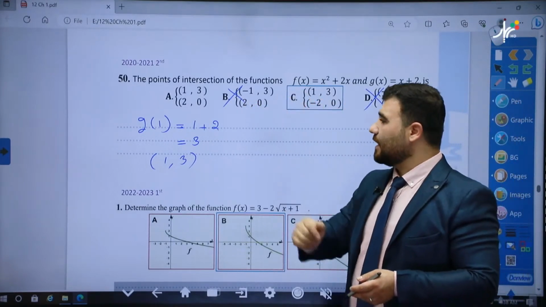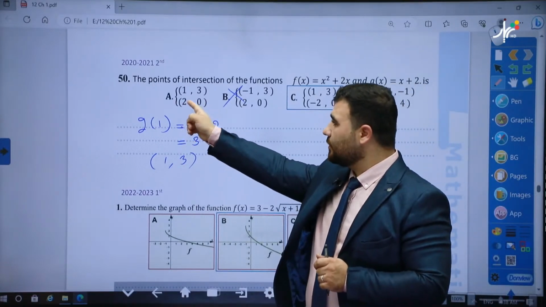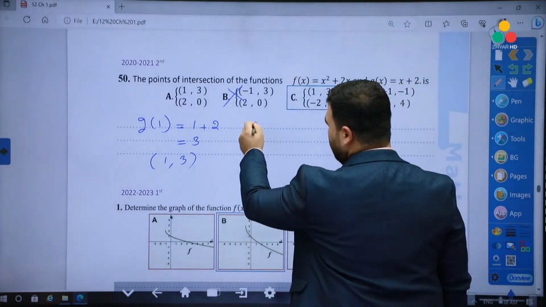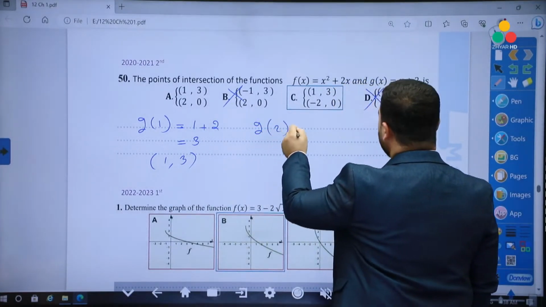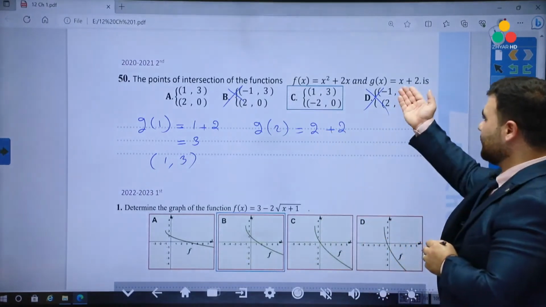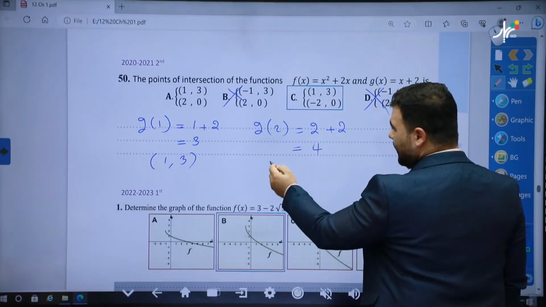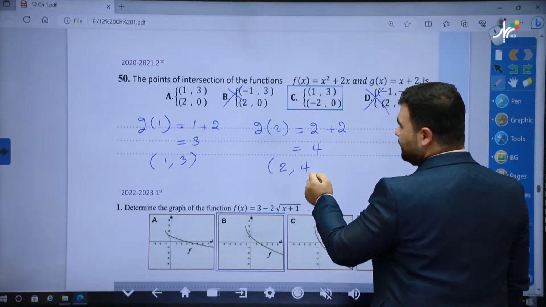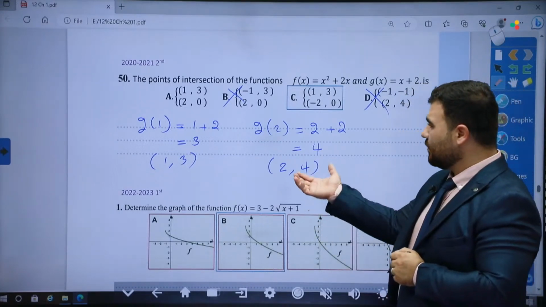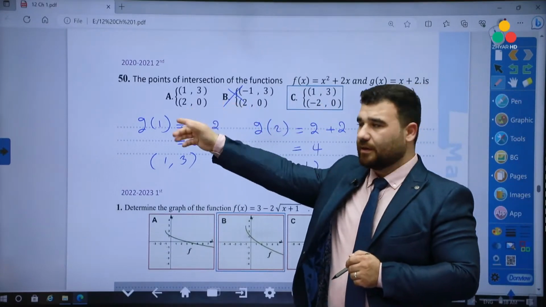Now between A and C, I don't directly choose A. I'm going to test the other point for G. If I put 2 in place of x in G, the result will be 2 plus 2, because G is x plus 2. 2 plus 2 is 4. This makes the point 2, 4. This point is not in G, which means A is wrong.